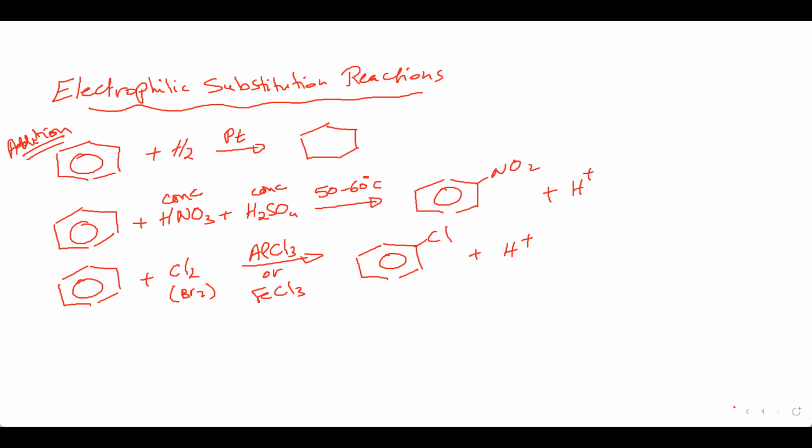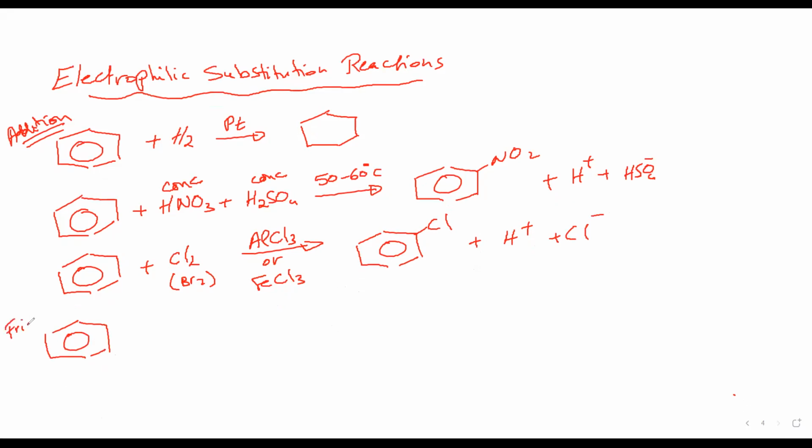So this is a substitution where a chlorine atom substituted a hydrogen, and we get the hydrogen ion and the chloride ion. And here also we have the hydrogen ion and the hydrogen sulfate ion, as we are going to study in the mechanism.